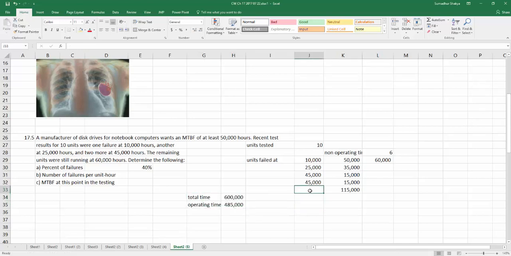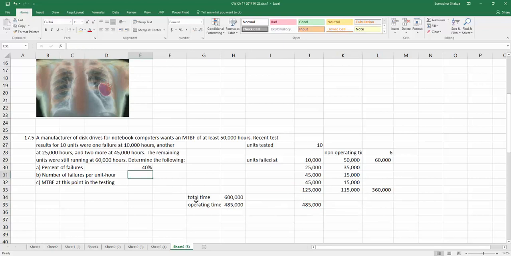Now if I say the sum of the operating time for the units that failed is 125, what is the operating time for the other 6 units? The operating time for the other 6 units is 6 times 60,000. So if you add up the operating time for the 4 units that failed plus the operating time of the units that did not fail, you still get the same number. So these are the 2 possible ways. However you do it, it's up to you.